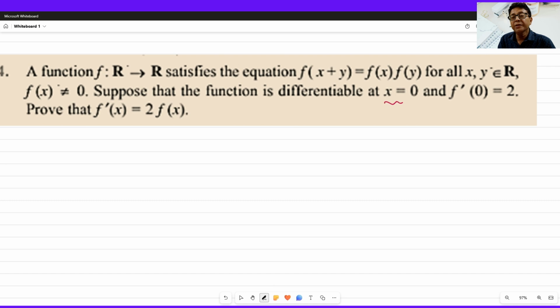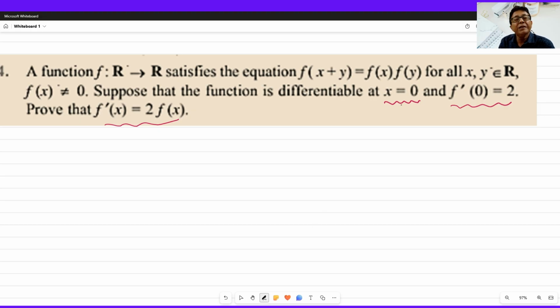The function is given to be differentiable at 0 and f dash 0 is 2. Show that f dash x equal to 2f(x). Bit difficult, but it is there in the exemplar book. This question may be asked in your board as well as in entrance exams.